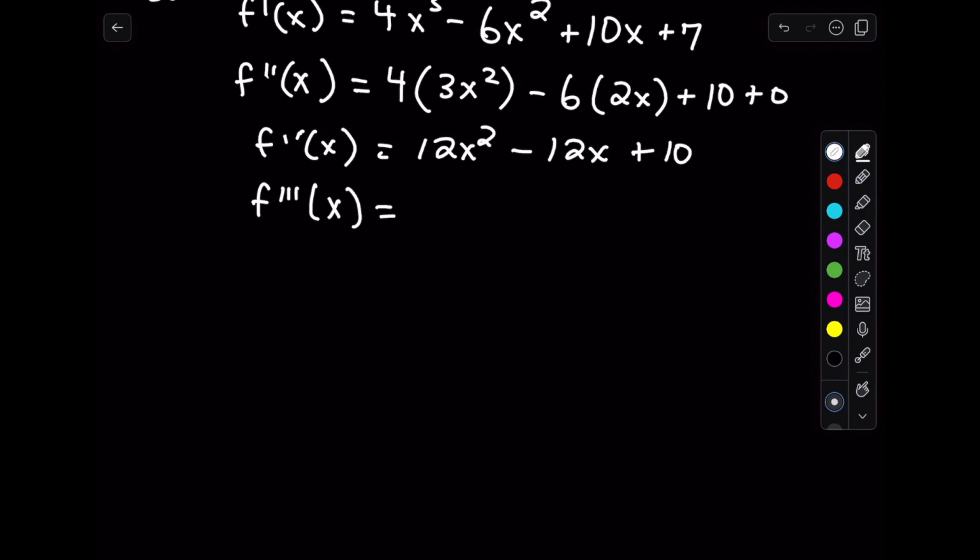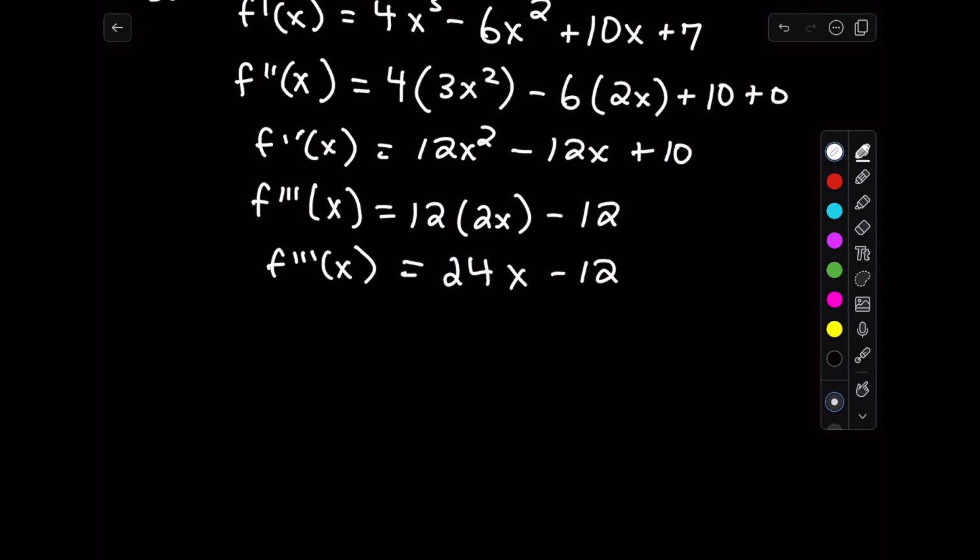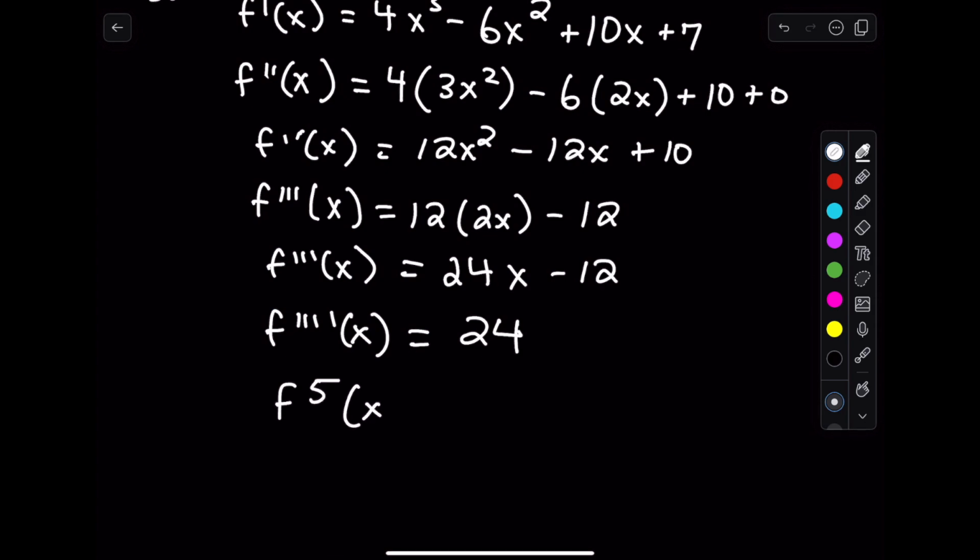Moving to the third derivative of x, 12 times 2x minus 12, which simplifies down to 24x minus 12. And then one more time, the fourth derivative of x equals 24. So the fifth derivative equals 0.